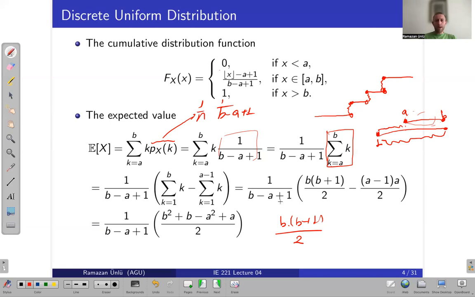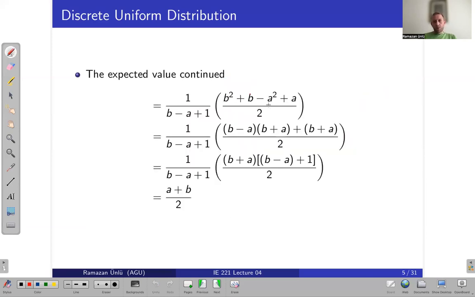So if you do the sum, you will get these values. When we continue, we can expand this part like this, and finally we will get this result. You can do it yourself. So that means the expected value of the discrete uniform distribution is this one. Okay, so let me show that.